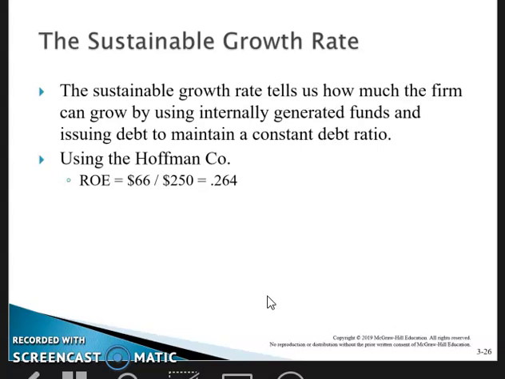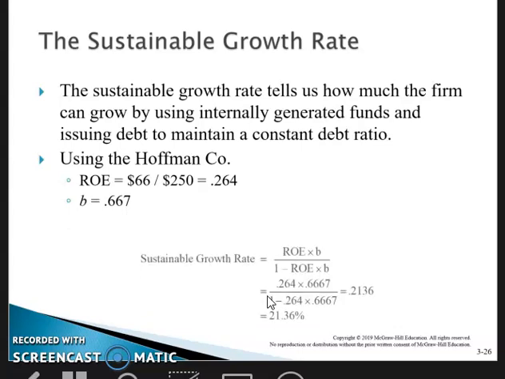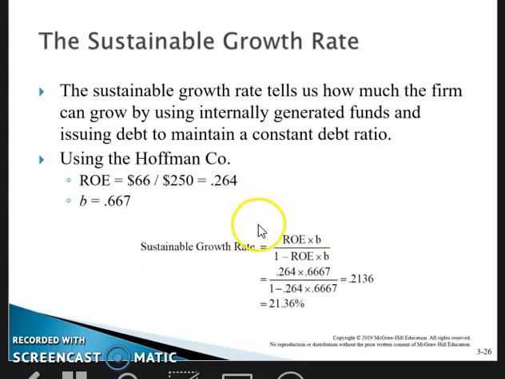The Hoffman Company's ROE was 0.264, or 26.4%, and remember the plowback ratio was 0.667. The sustainable growth rate is ROE times the plowback ratio, divided by 1 minus the ROE times the plowback ratio. Plug those in and solve the equation. You get a sustainable growth rate of 21.36%.